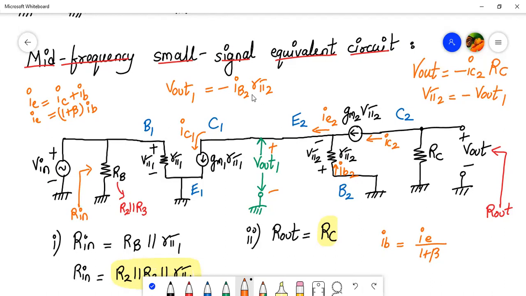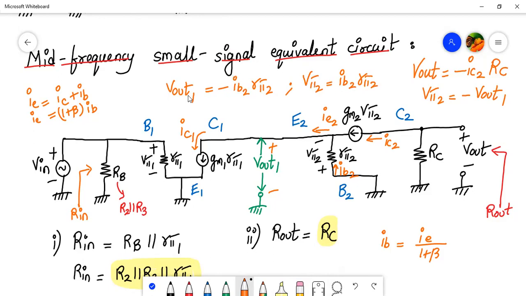Are you all following? Again, I repeat, V out 1 is actually opposite of V pi 2. And what is V pi 2? First of all, let me write what V pi 2 is. V pi 2 is plus IB2 into R pi 2.